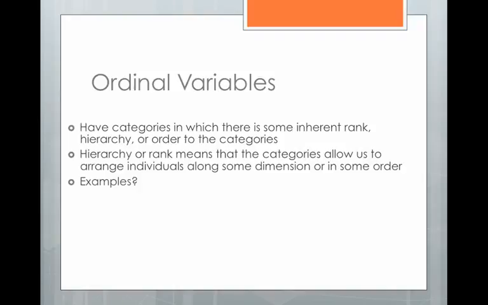So anything that can go from least to most, highest to lowest, that is ordinal. So sometimes we will measure age as an ordinal variable by giving age categories, where we say check the box that corresponds with your age: 18 to 25, 26 to 35, 36 to 45, and so on. That's an ordinal level variable. And this is the second kind of level of measurement in terms of hierarchy.